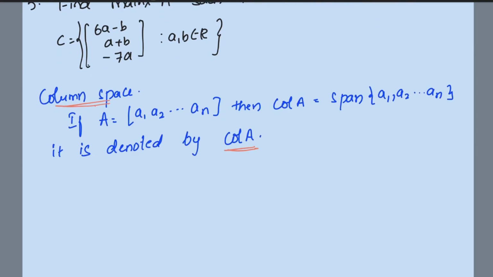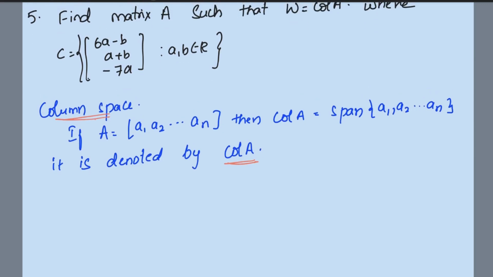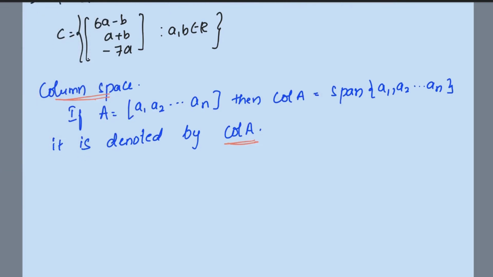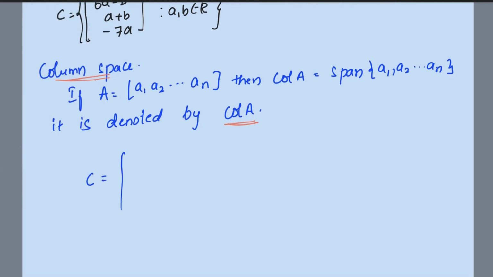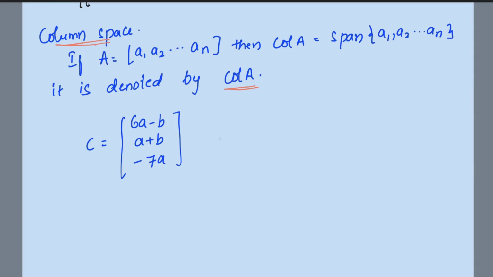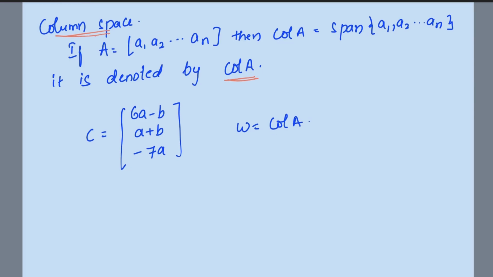Now Col A is given as a column space here. W is given as (6a minus b, a plus b, minus 7a), right? Now we can write W equals Col A. So I am writing this as a combination of scalars.